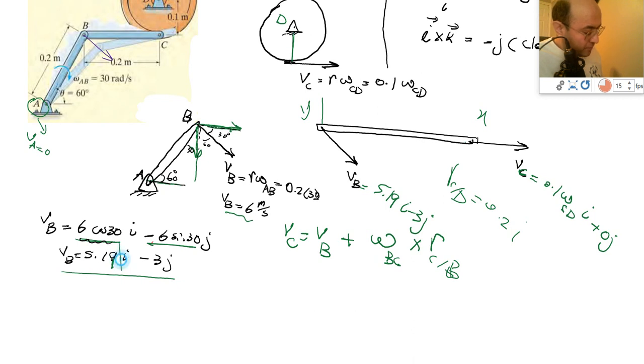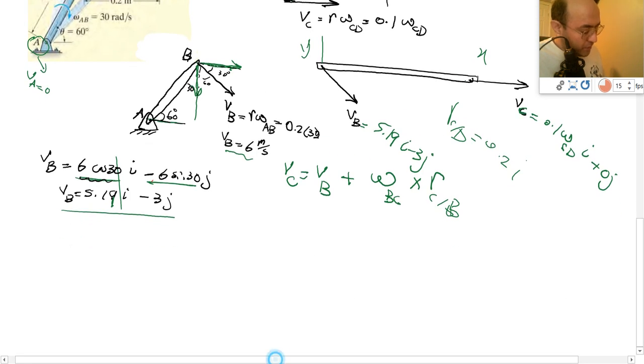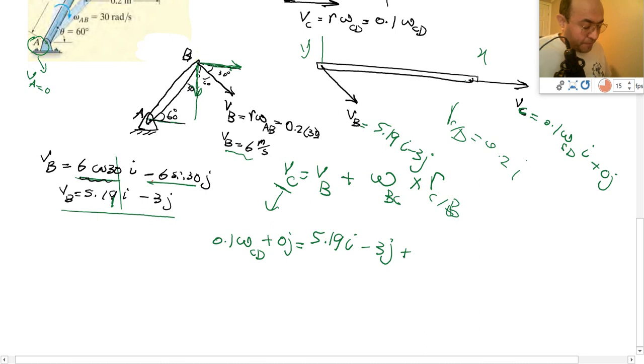In this problem, velocity of C, which I already have, is 0.1 omega CD i plus 0j, and that is equal to velocity of B, which is 5.19 i minus 3j, plus omega BC.